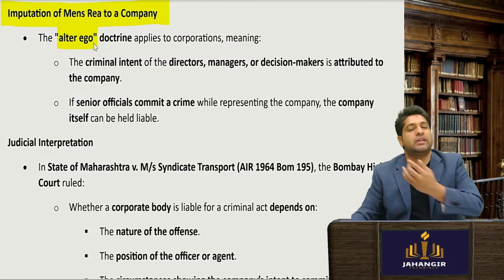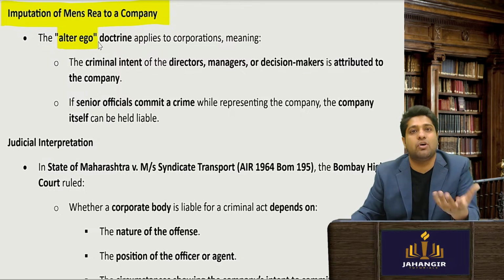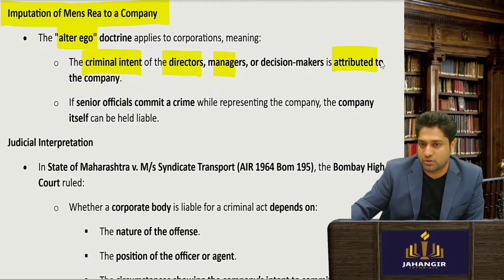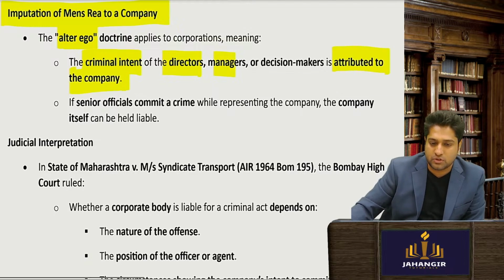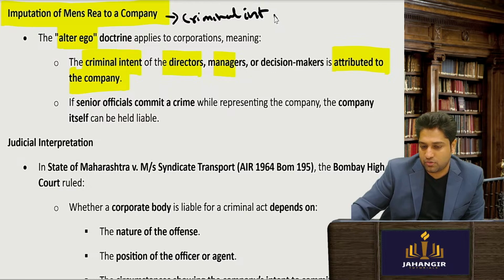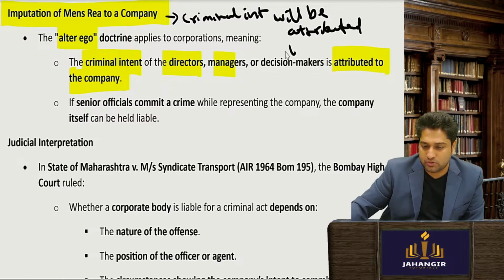So in company law there is a provision called alter ego, lifting the corporate veil, meaning that the criminal intention of the directors etc. will be attributed to the company. So the criminal intention will be attributed to the directors of the company.